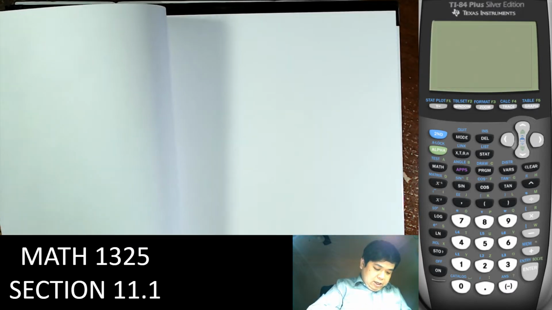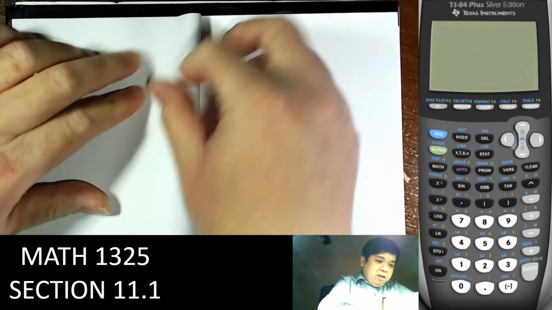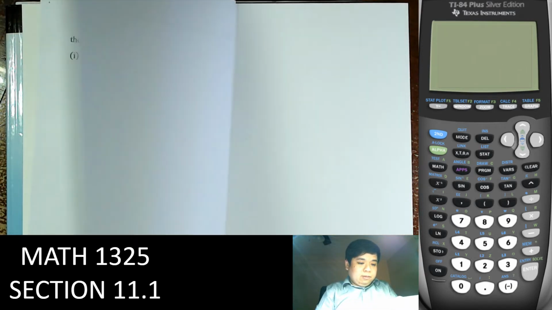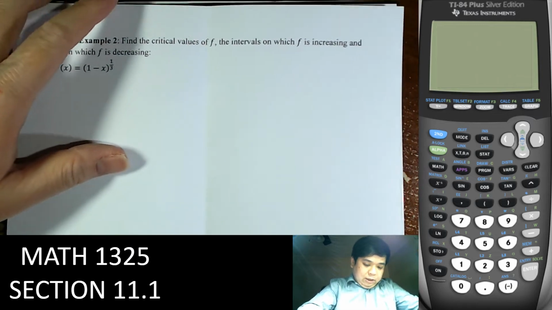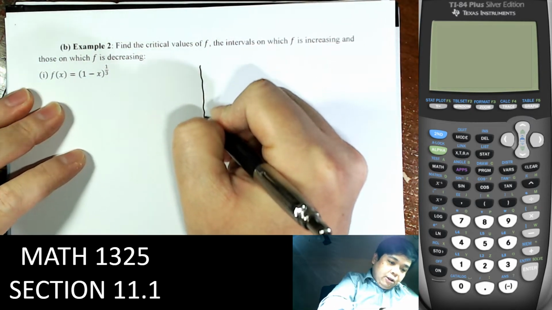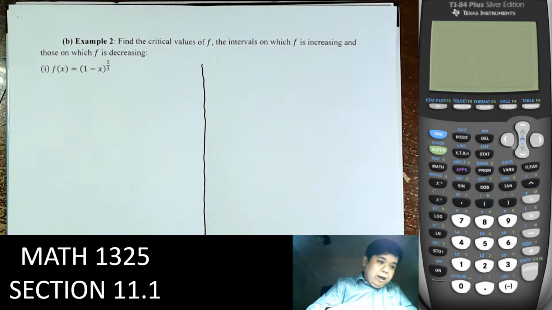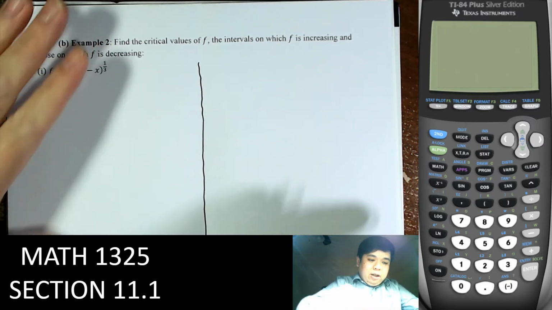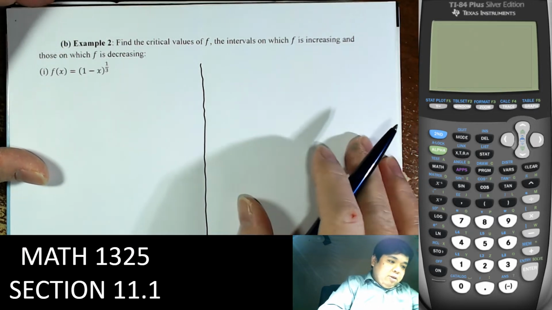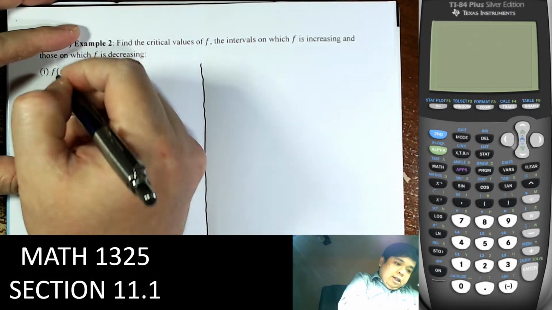It looks like the problem may be long, so try to write small. So first we find the derivative, and then we find the critical values, right? So this is the function.